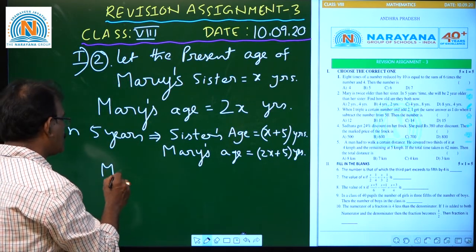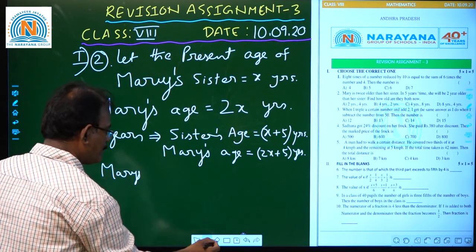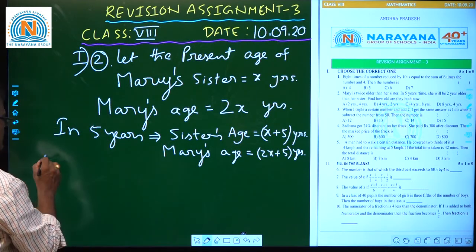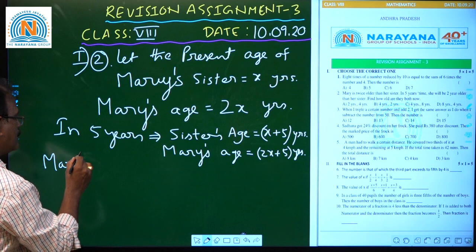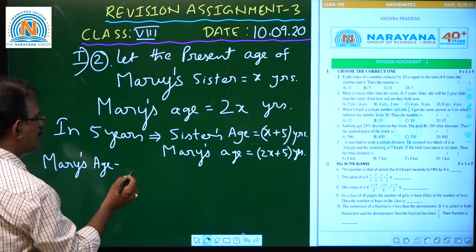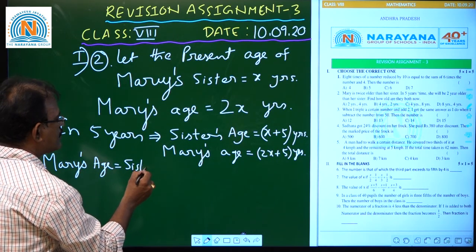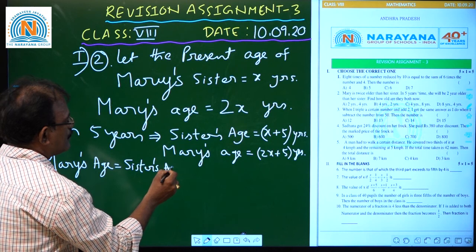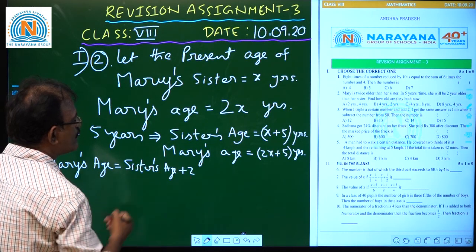That means Mary's age is the sister's age plus 2 years older.